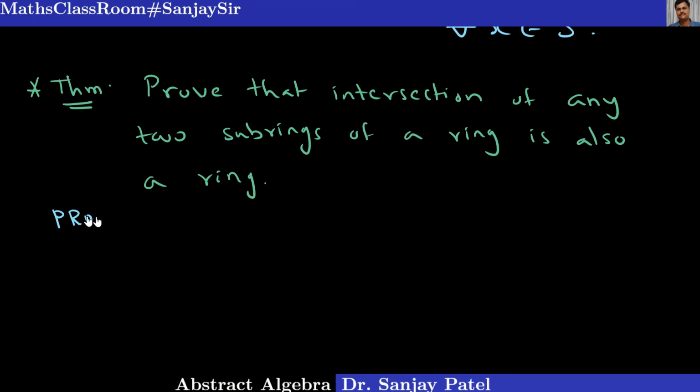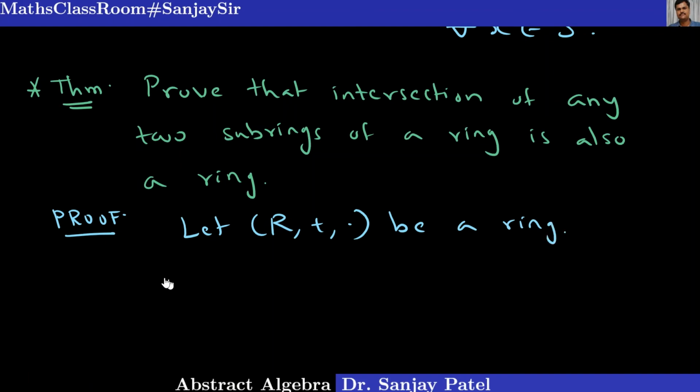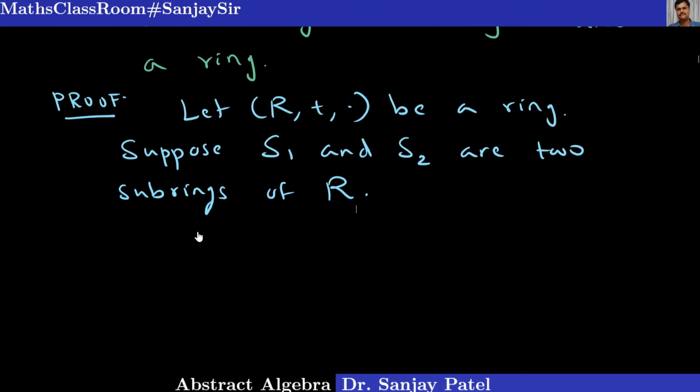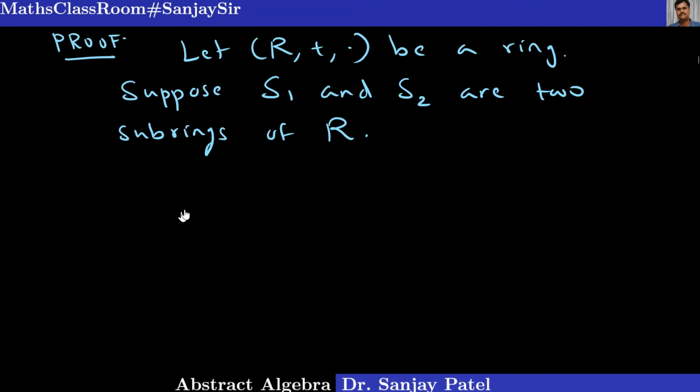Let me prove this result. First we'll formulate: let R, plus, dot be a ring, and suppose capital S1 and capital S2 are two subrings of the ring R. What I want to prove is that the intersection is also a subring.